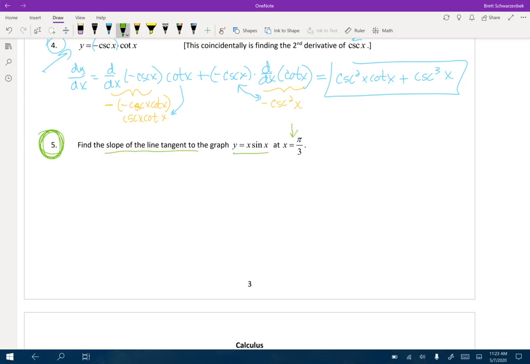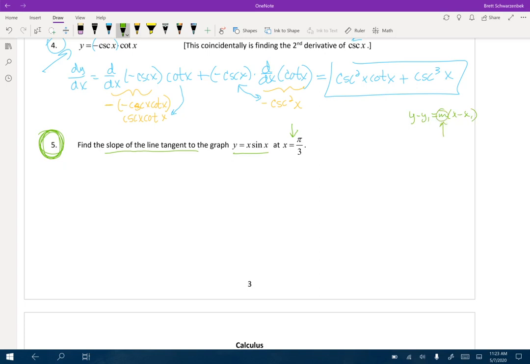We've talked about this before. This is an incredibly important topic. A couple sections ago, we talked a lot about the equation of the line tangent. This is only asking for the slope, so we don't have to do y minus y1 equals m times x minus x1. We just have to find the slope only.